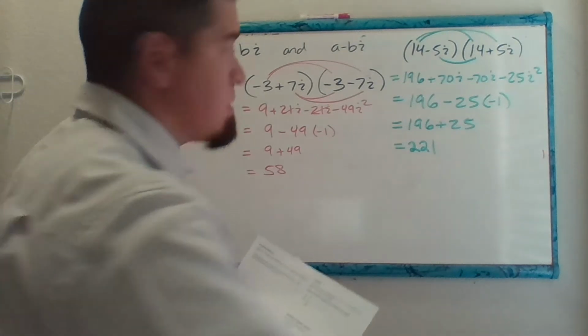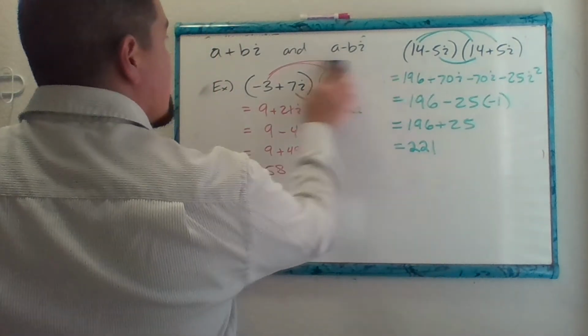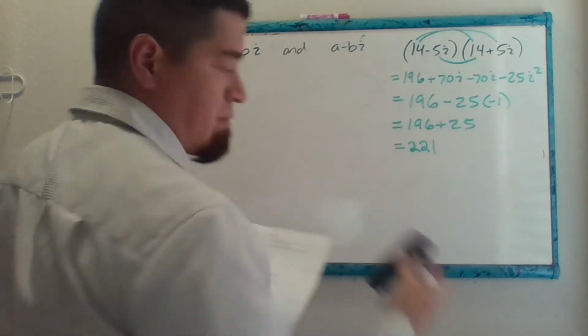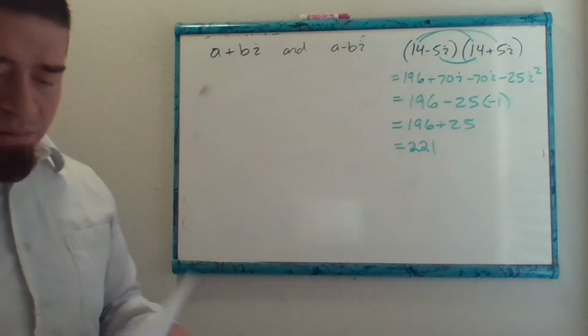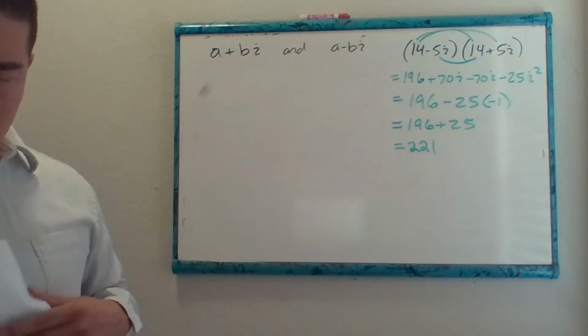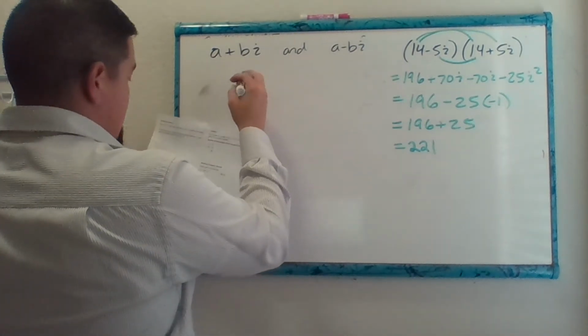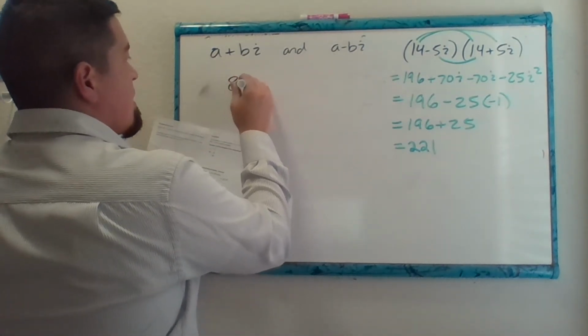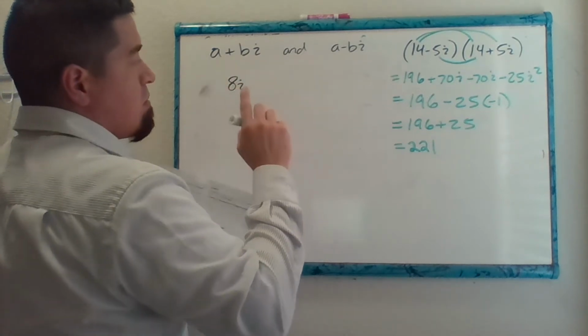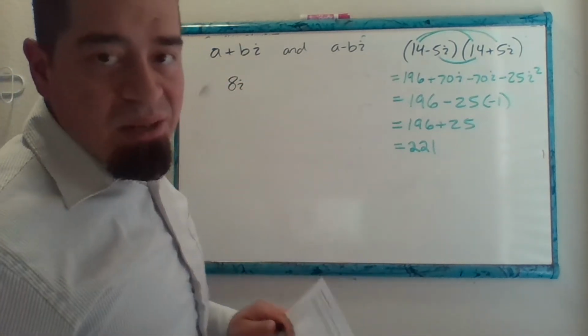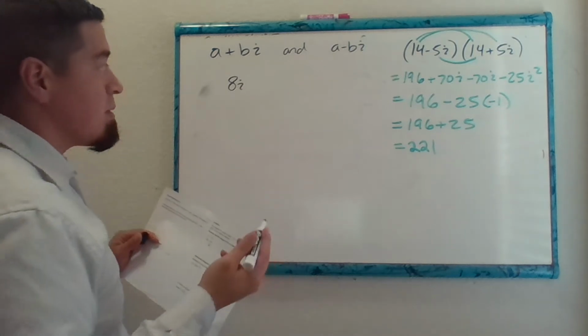So you might have got tripped up a little bit on the final example, because the final example only has one term, right? But again, that's okay, because for the conjugate, you just need to find the opposite of the imaginary part. Well, there's only an imaginary part.